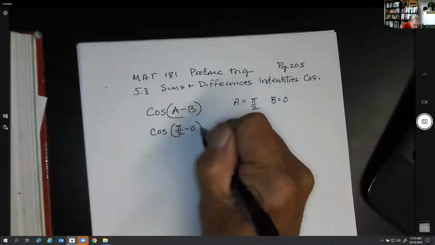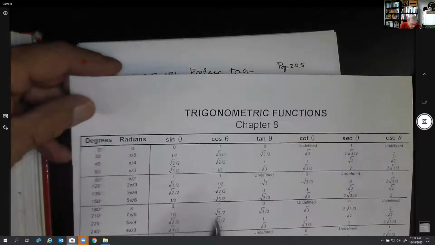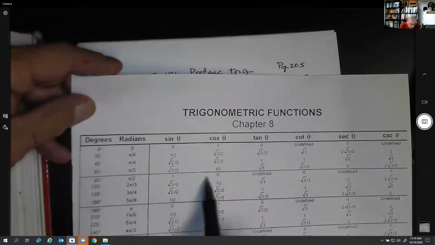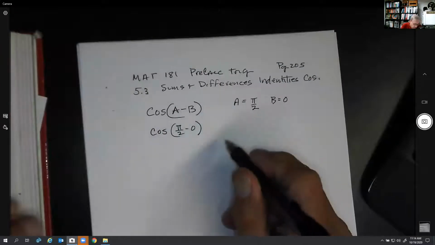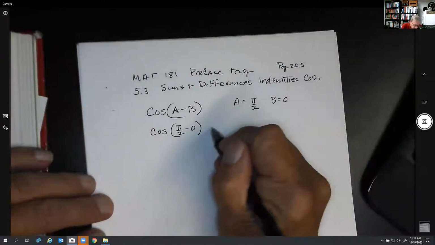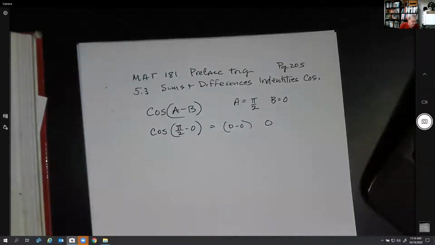And the cosine of pi over 2, 90 degrees right here, the cosine is 0. So 0 minus 0 is 0. The answer should be 0.